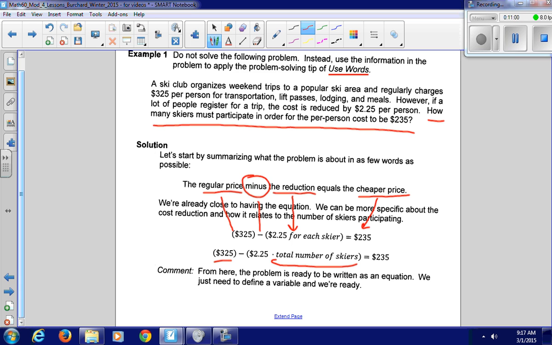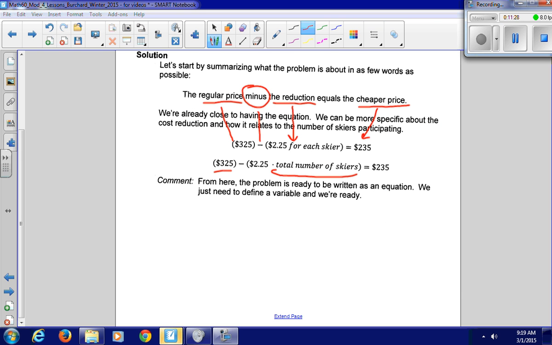We would do 225 times the number of skiers, but you notice everything else about that equation is still the same. So we've written out our relationship in words, and now we're ready to keep working on the problem solving techniques.